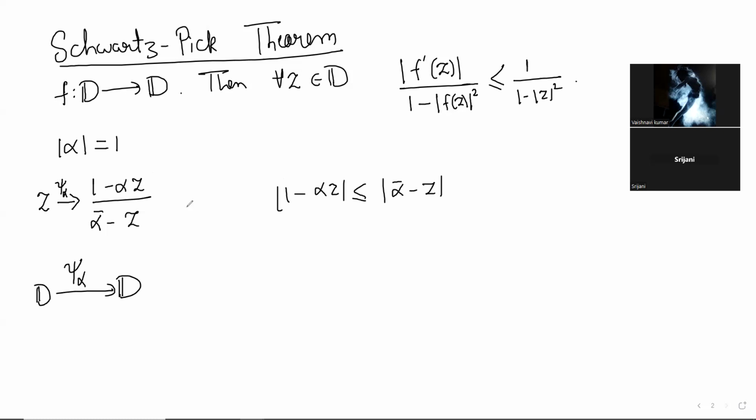This is something wrong I've written. This is simply a constant, right? Okay, so let's try to figure out the automorphisms of the disk. Maybe we should think and do it.